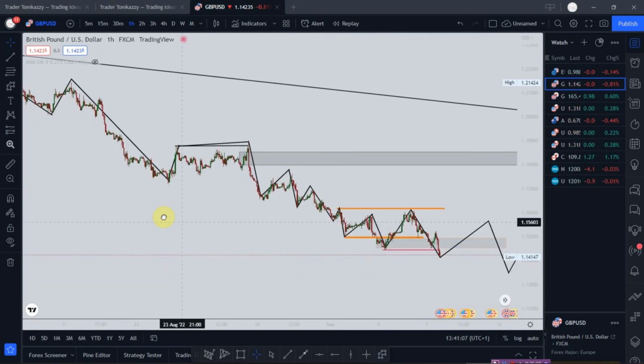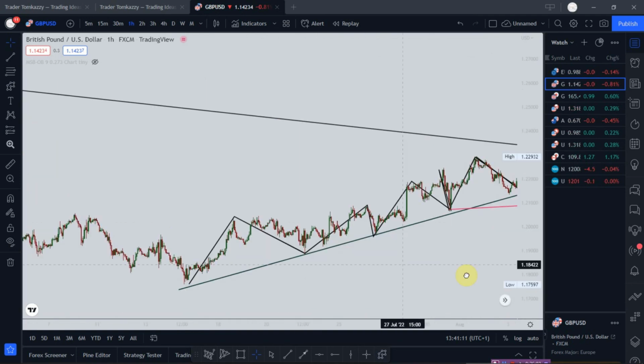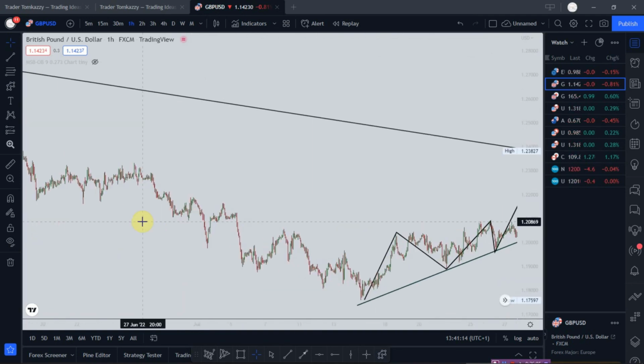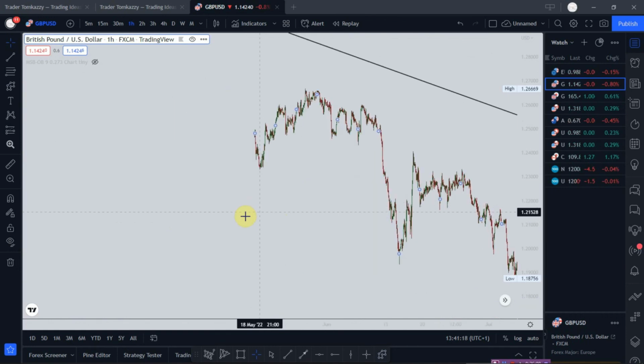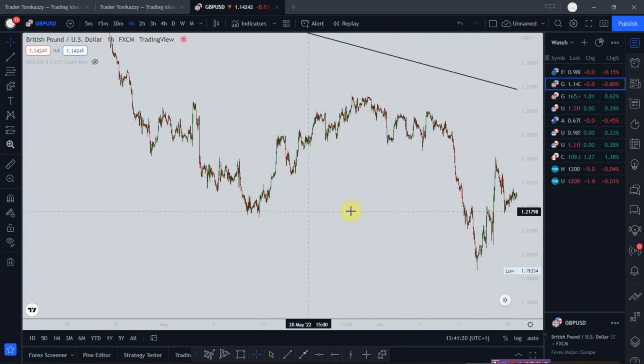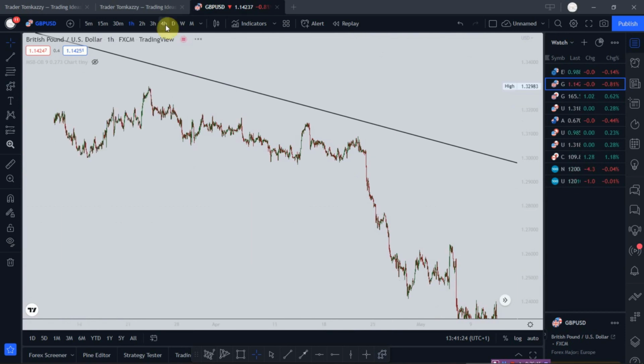Now let's go and identify a ranging market or a sideways market. Then we end this here. Some pairs can really go through consolidation for months and some even years.